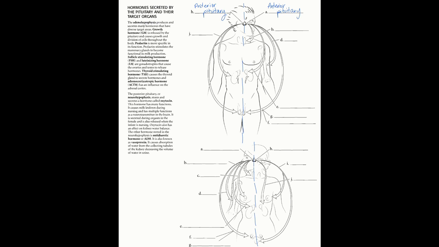And let's go ahead and cover all our anterior pituitary first, and then we'll come back to our posterior pituitary. So first off, we've got B. We are looking at the release of thyroid stimulating hormone. And you're going to be doing a little more research on this on a following assignment.